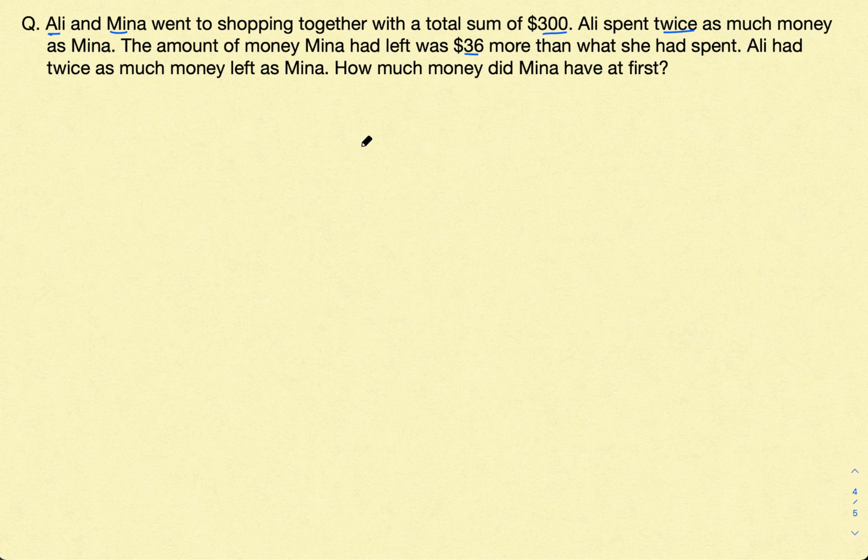So this is quite a wordy problem, and we will be using a model to solve it. Let's start with drawing the model for Meena. She has spent some amount and she is still left with some amount, which is 36 more than what she has spent. So let's draw it.